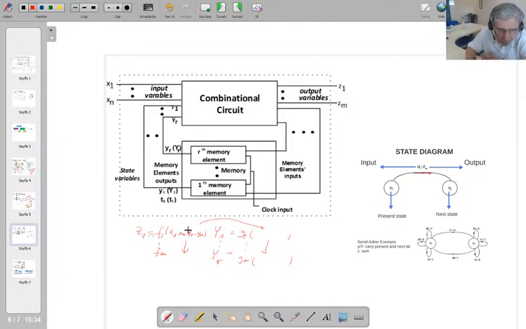One of the permutations for which we represent this y1 to yr present state. These small y's values are going to be written inside this circle. Okay, now if you know the present state and you apply the input, you're going to get this Z output.